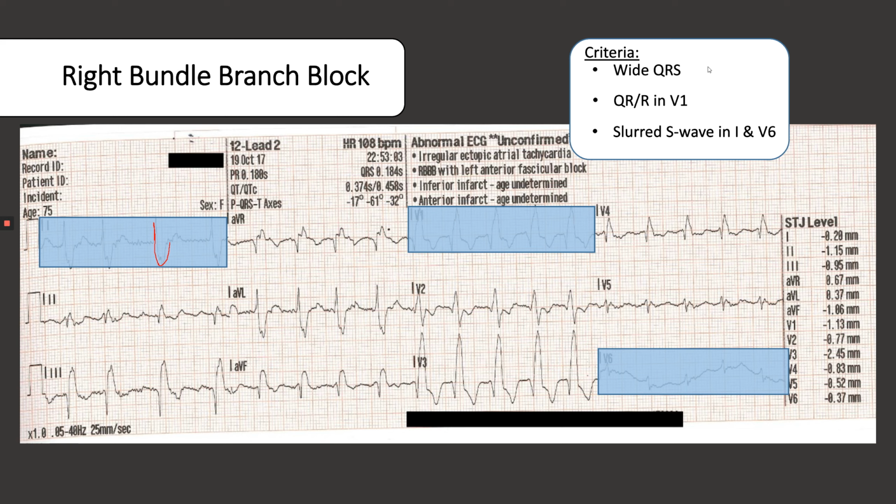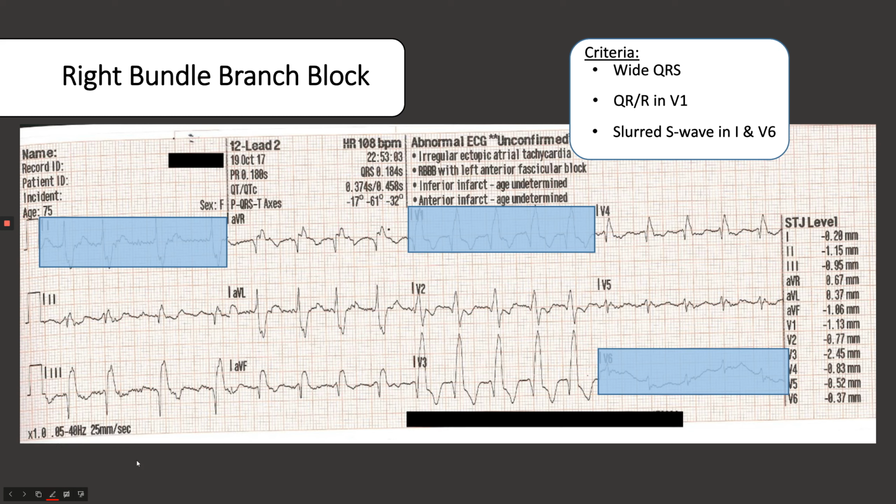So to illustrate a little easier, here's a normal RS wave, and a slurred S wave is going to look something along the lines of this, where it takes its time to get back up there. It's a lot easier to see in lead 1 than in V6 here, but it's still present here, and that's going to be your other criteria.